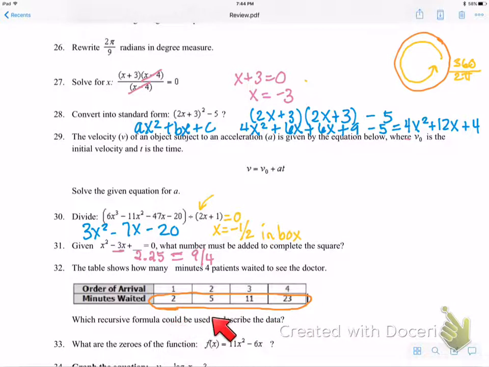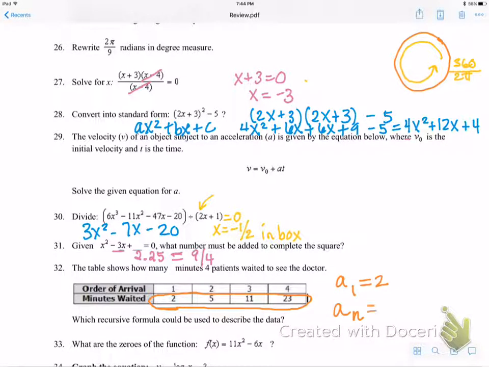That's not an arithmetic sequence because we're not adding the same thing each time, and it's not a geometric sequence because we're not multiplying by the same thing each time. So this one is kind of tricky. What do I have to do to the first term, 2, to get to the second term, or the one after it, or the one after that?